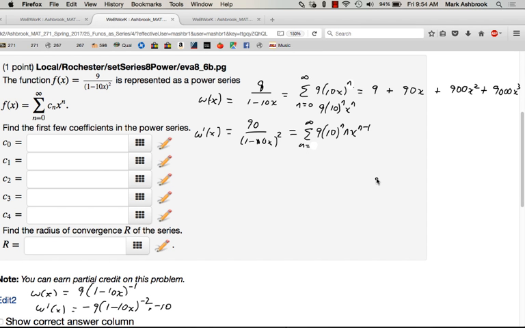And as a check, as long as we know we got those individual terms right, we're pretty confident. So derivative of the expanded form: derivative of 9 is 0. Derivative of 90x is 90, then 1800x, 27,000x squared.